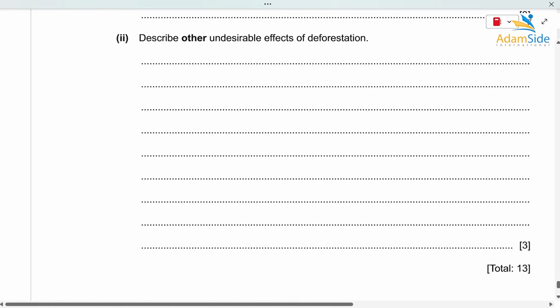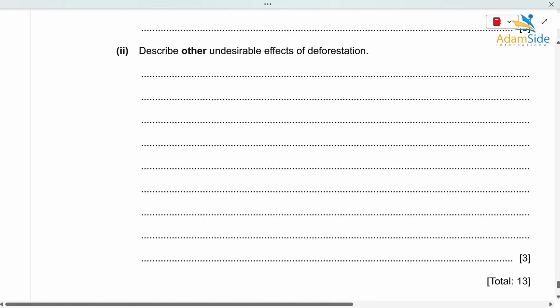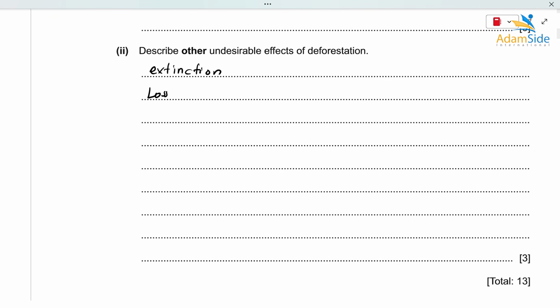What are the other undesirable effects? First of all, if we are cutting trees, it means we are allowing some species to go extinct, because we have destroyed where they used to live. Now they will disappear. So extinction of species, but also loss of habitats, because plants or other species cannot survive anymore.